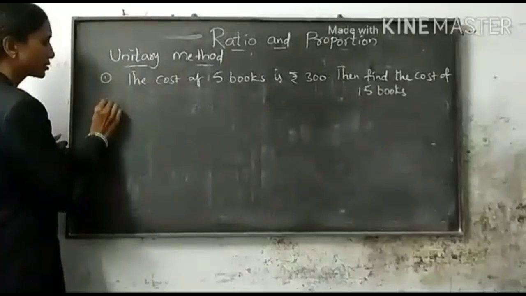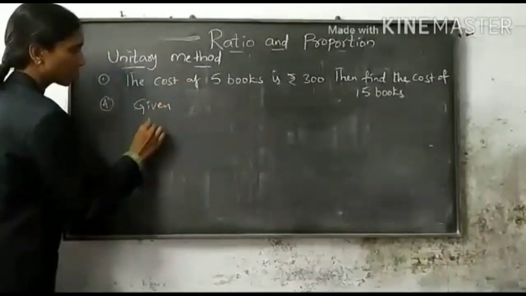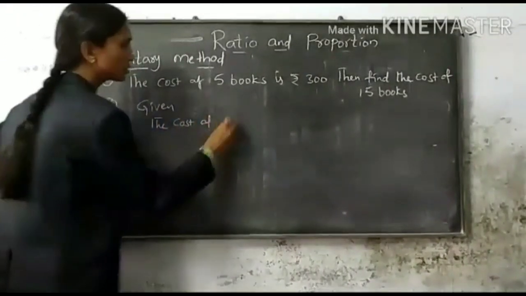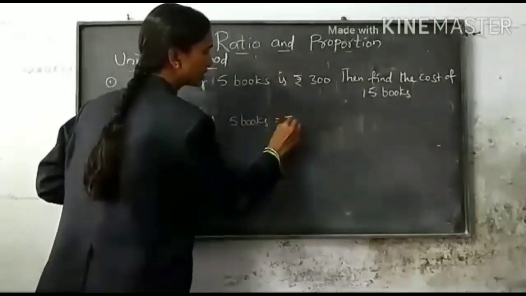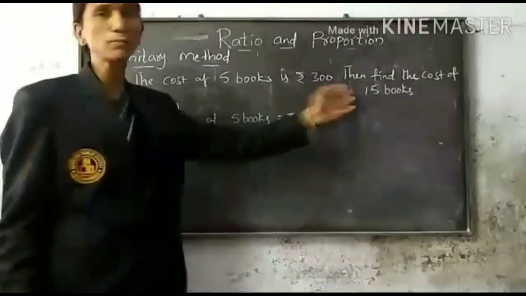Given solution: the cost of 5 books is equal to rupees 300. Now we have to find the cost of 15 books.